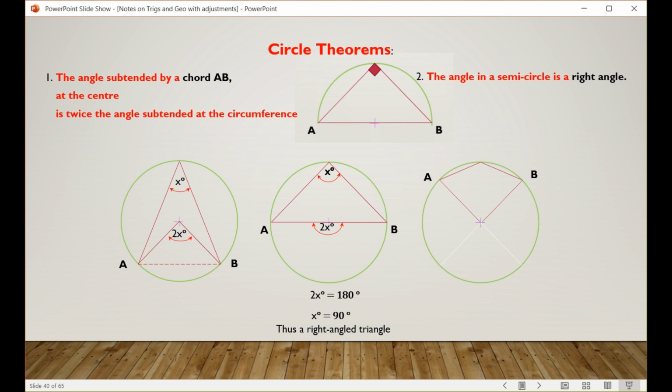As such, where will the angles be? The angle at the circumference will be on the inside, and the one at the center will be on the outside. And it will still follow the rule that the angle at the center is twice the angle at the circumference. So this may look like 4 different rules, but they're actually all the same.